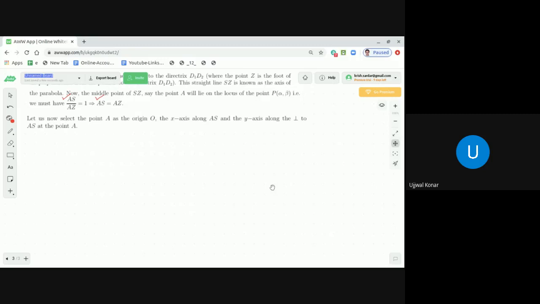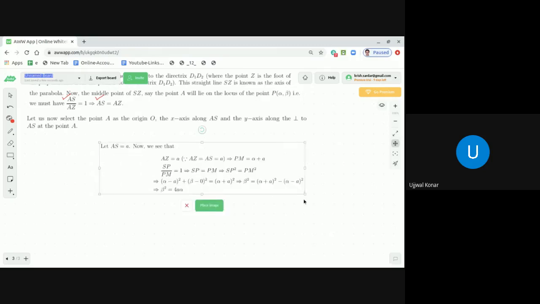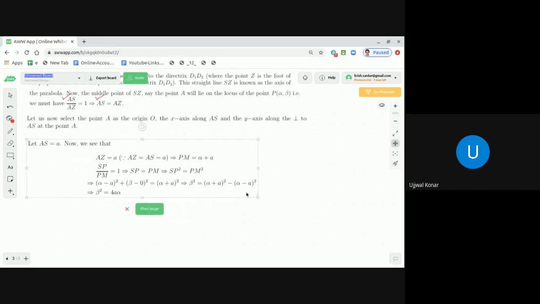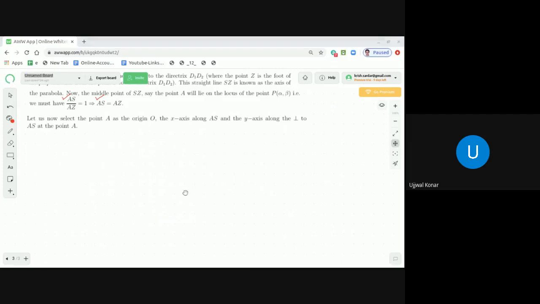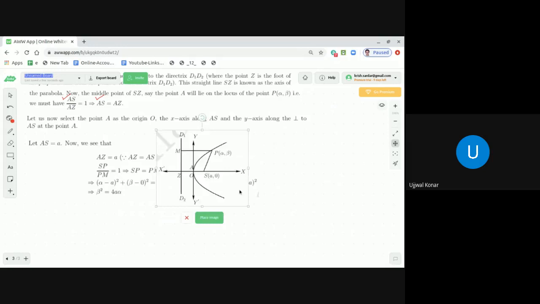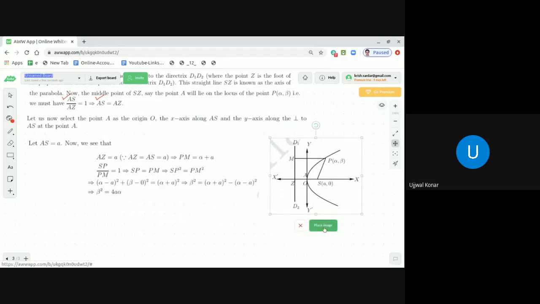Okay, so you may find that the diagram of the parabola is not visible, but just to make it correspond with the derivation, let me take the diagram of the parabola once more in the right hand side, so that you can make a one-to-one correspondence, dear students.